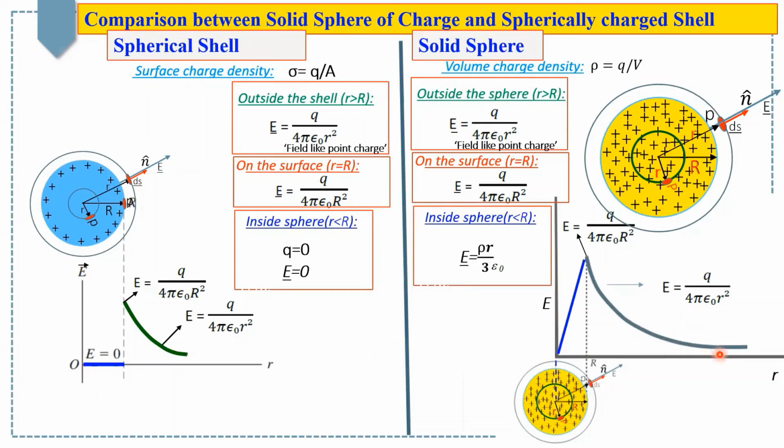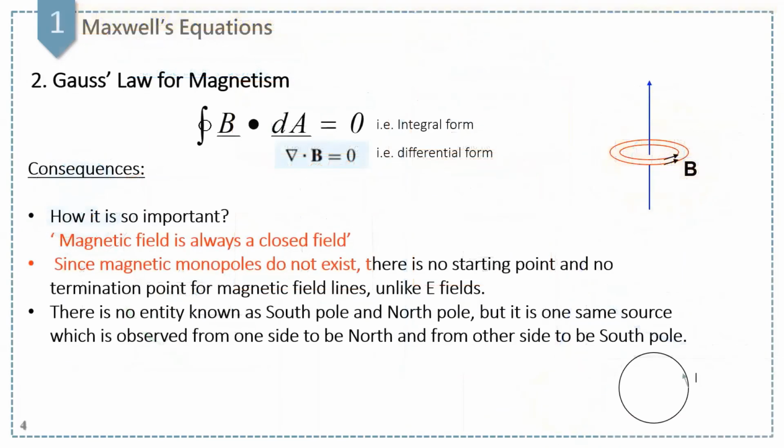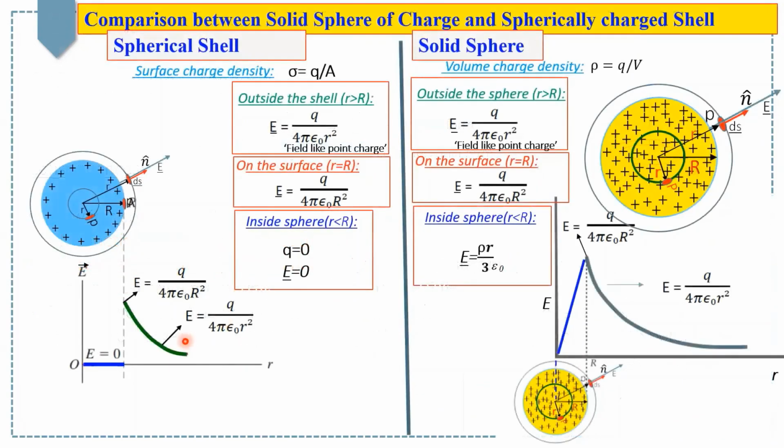Now let's look at the graph for the shell case, where the electric field on the surface of the shell is the same as in the case of the solid sphere, and the electric field is decreasing in the same way as in the case of a sphere.